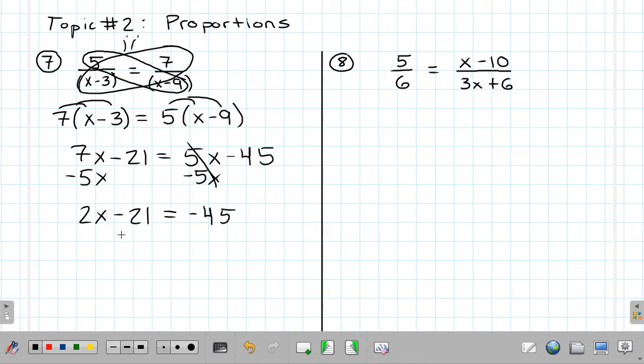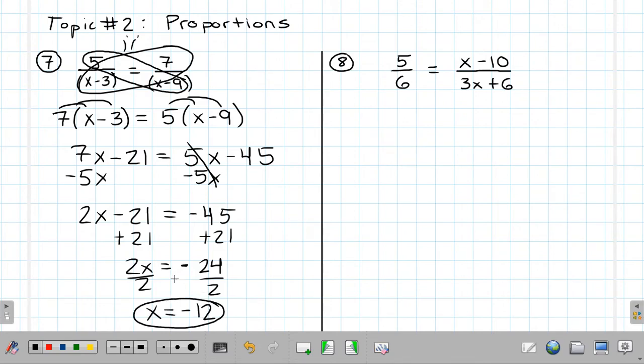And then, once again, 2-step equation time where we add 21, 2x is equal to, in this case, negative 45 plus 21, which would still be a negative, but it would be negative 24. And then the last step, of course, is to divide by 2. So we get x is negative 12.